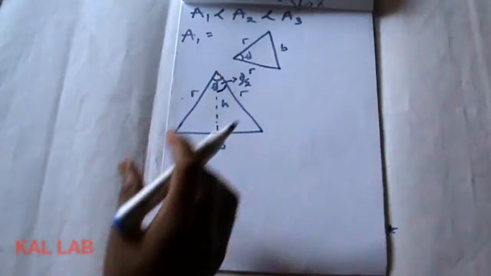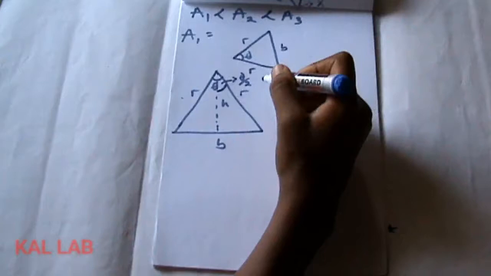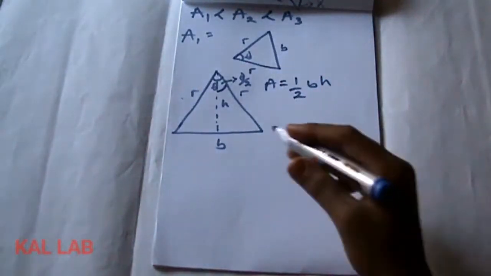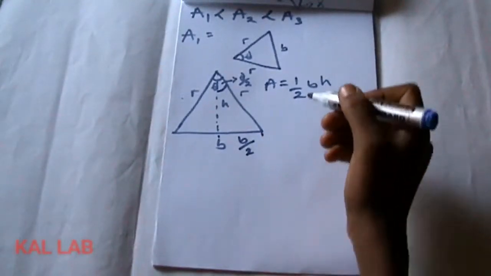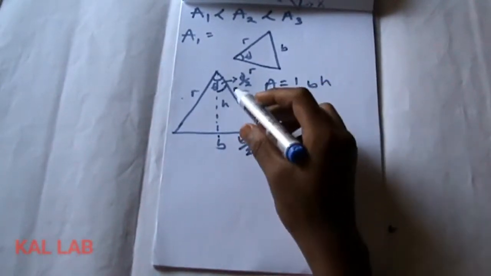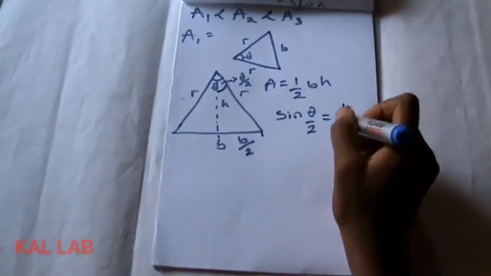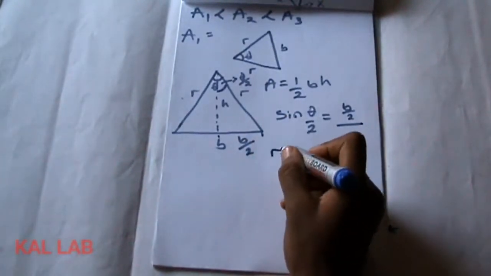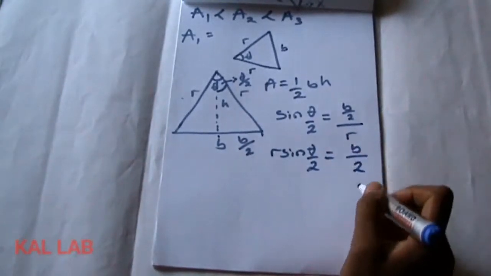So how do we find the area of a triangle like this? From the initial formula, area is equal to 1 over 2 base times height. This portion here is base divided by 2. So sine of theta over 2 is equal to opposite, which is base over 2, divided by hypotenuse R. So R sine theta over 2 is equal to base over 2.